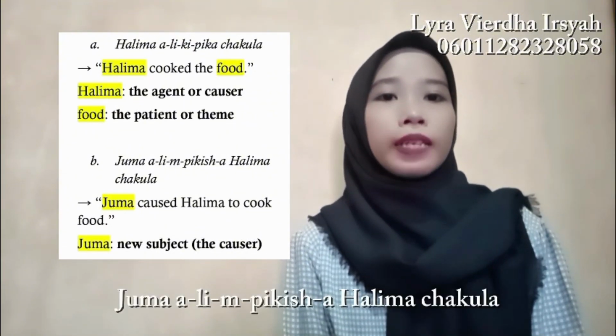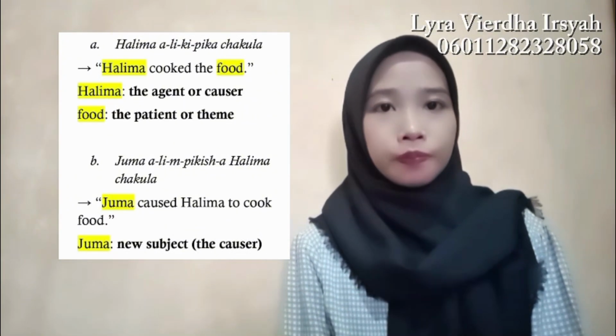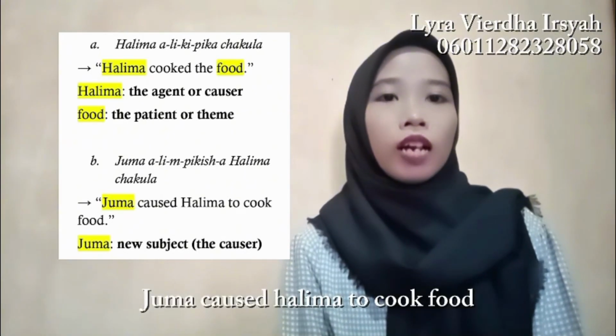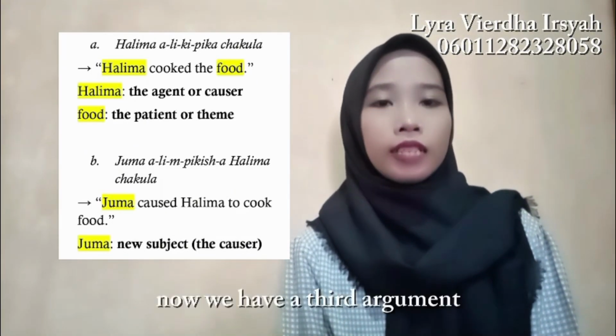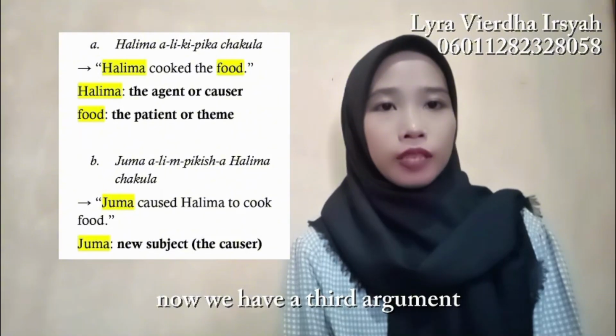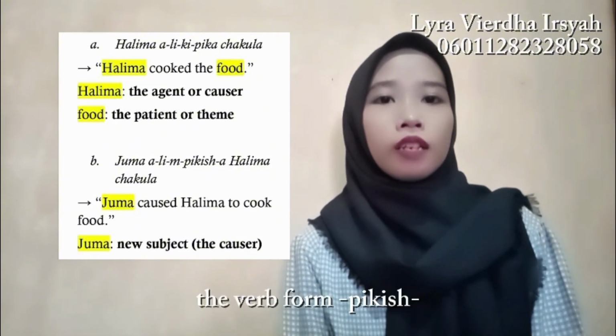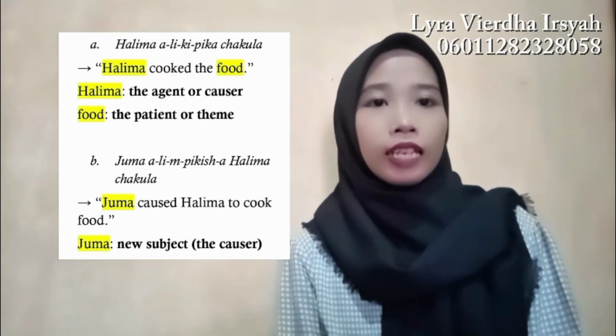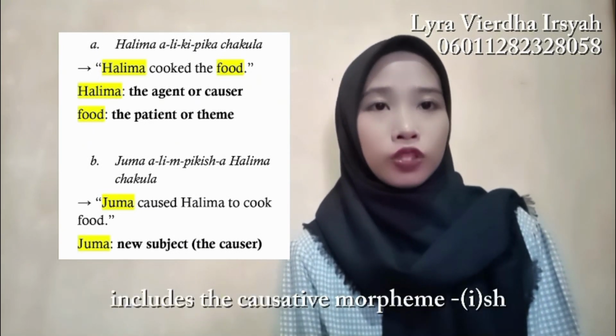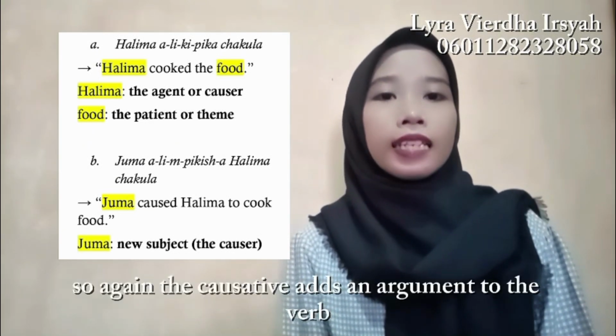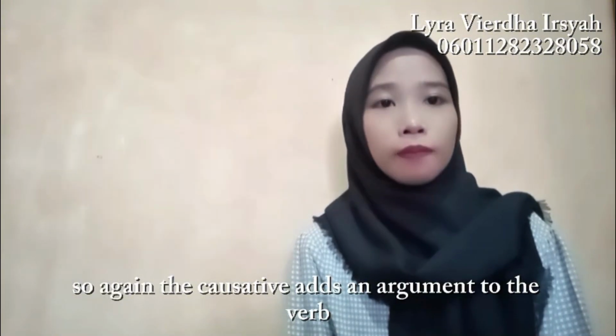"Juma alimpikisha Halima chakula." Juma caused Halima to cook food. Now we have a third argument, Juma, who is the causer. The verb form "pikisha" includes the causative morpheme "-ish." So, again, the causative adds an argument to the verb.